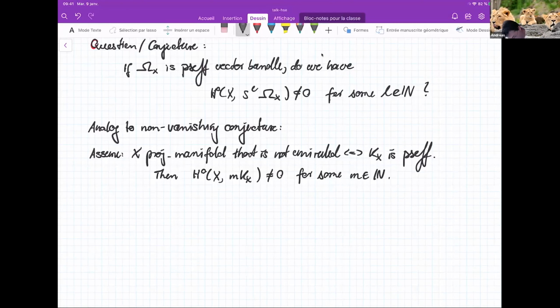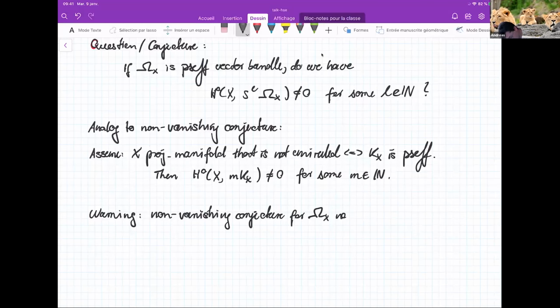So warning: the non-vanishing conjecture for omega X is not known even if we assume much more, if we assume, say, omega X nef and its determinant K_X ample.